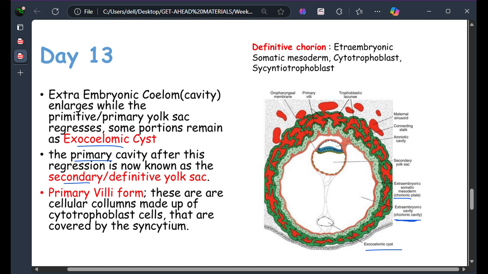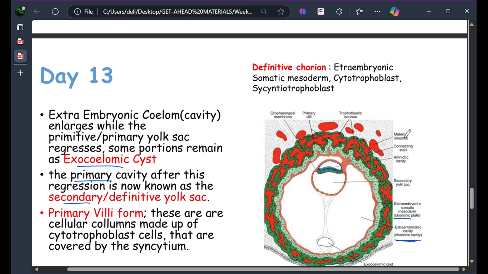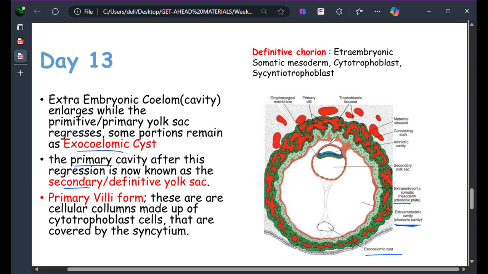So please learn all the names necessary that are shown on these structures that you are seeing here. So primary yolk sac becomes secondary yolk sac because it regresses, and as it is regressing, some of the portions remain as the exocoelomic cyst. And then the extraembryonic somatic mesoderm is also called the chorionic plate, another name.